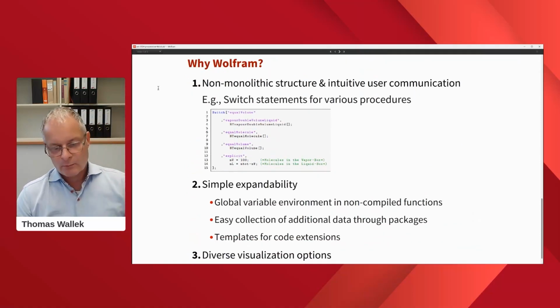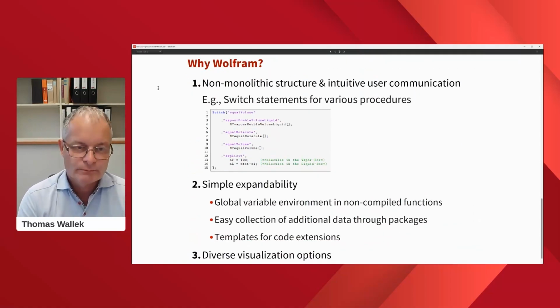Now, why choose the Wolfram language for such a simulation? Actually, the structure of these Monte Carlo algorithms, which basically consist of some nested loops, would suggest the use of Fortran or C, where these languages can play to their strength.